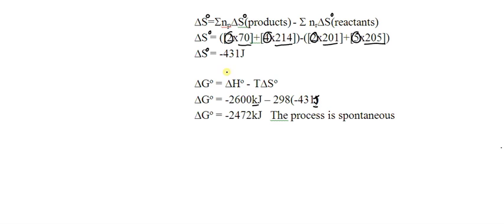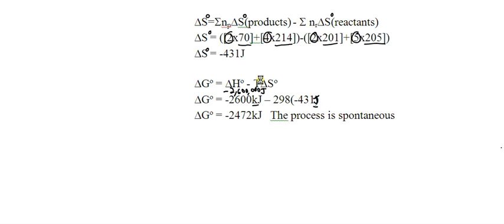So with that being said, oftentimes the way that this problem will be finished off when you're being asked to solve for standard free energy change is you're going to use this equation right here. So you've already established the standard enthalpy value, which is negative 2600 kilojoules, which could also be reported as negative 2,600,000 joules. And then you've got your negative 431 joules over here being multiplied times 298. Why?